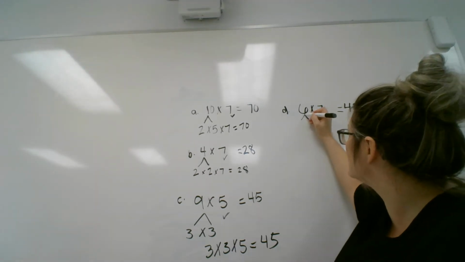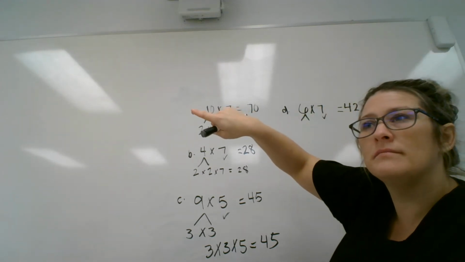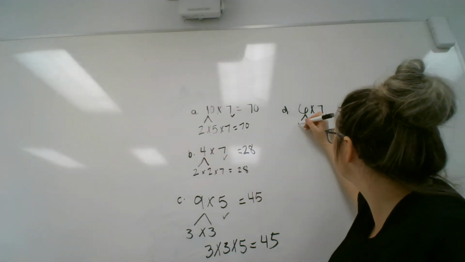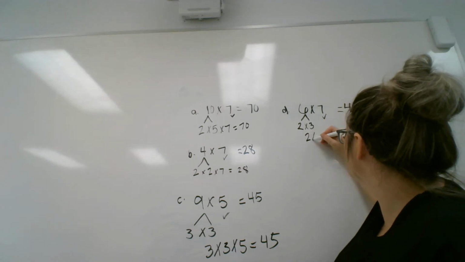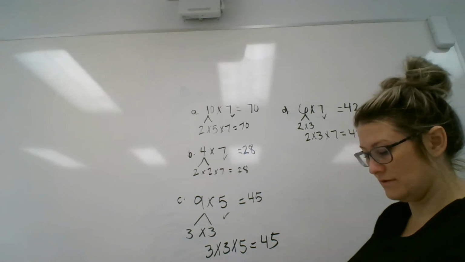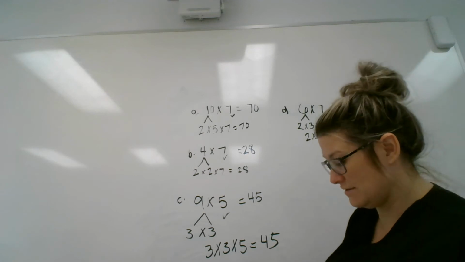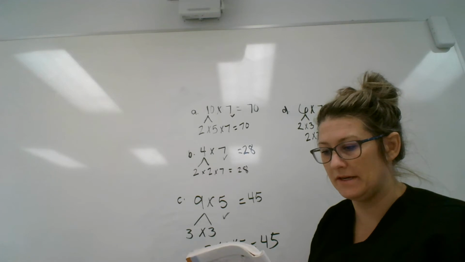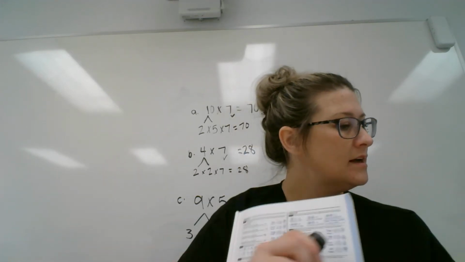However, 6 is not. 2 times 3. So our new number sentence is 2 times 3 times 7 equals 42. These are pretty difficult. Don't really love these. So if you do need help, we can go over them again. Don't worry.